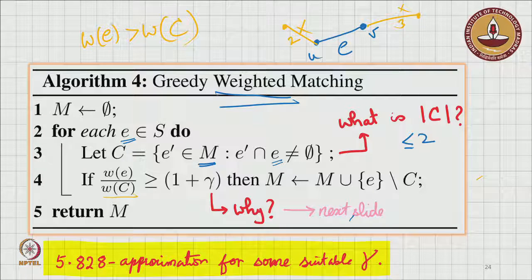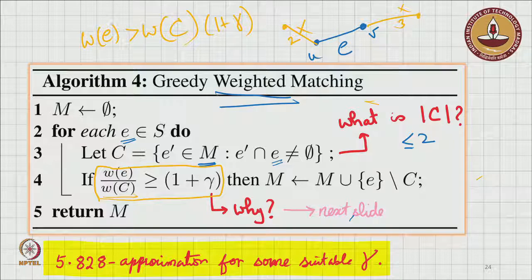We'll look at that. So instead, we are not just going to look for this condition. We will in fact expect a little bit more out of this edge E. W of E must be greater than W of C times 1 plus some parameter gamma. This is basically rewritten in this form over here.